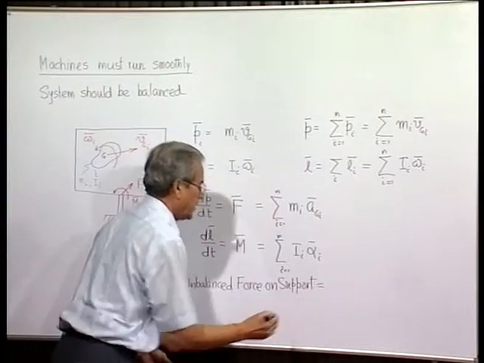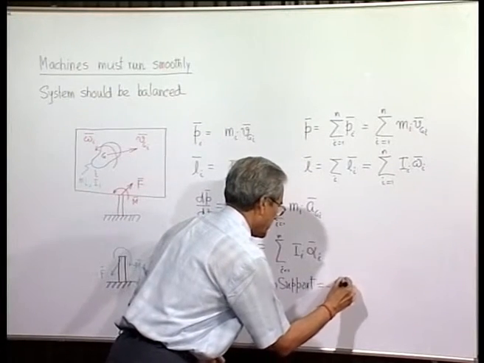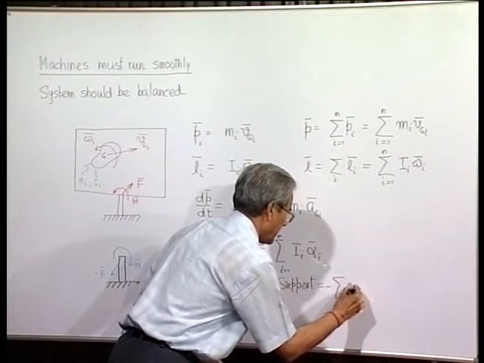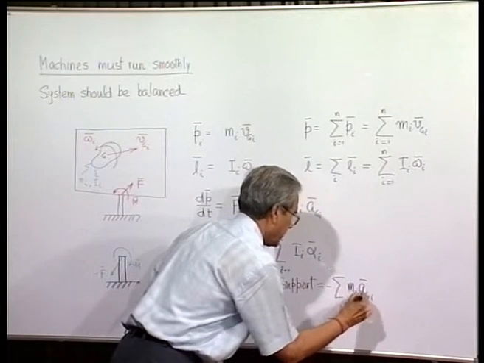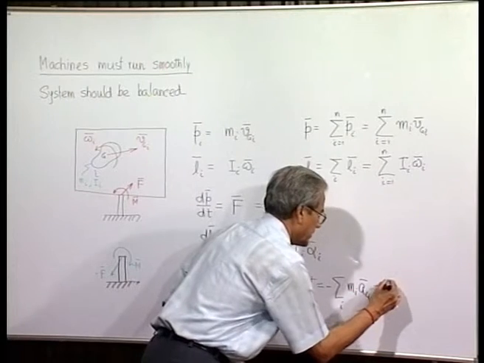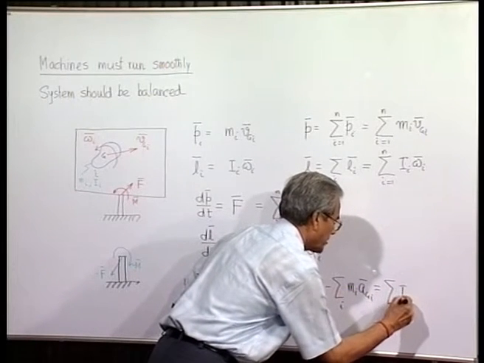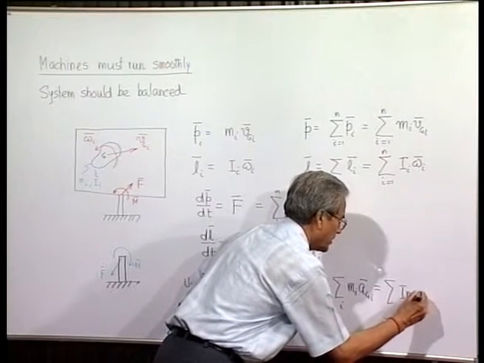Minus m_i a_Gi, which is nothing but the sum of the inertia forces of all components.